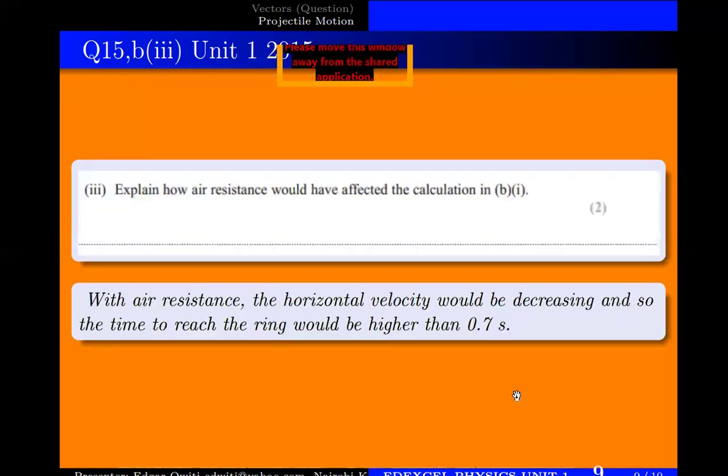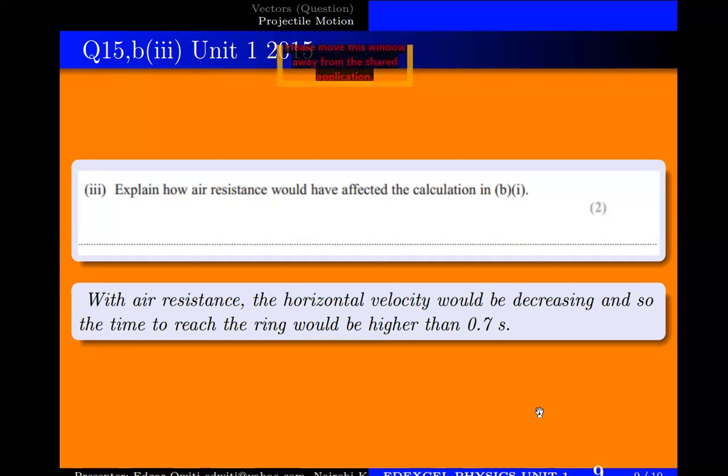So the last part of this question says to explain how air resistance would have affected the calculations in part B1. So part B1 is where we were calculating the time taken. So like we said, the horizontal component of velocity is usually constant. It is never changing because it is not affected by gravity.